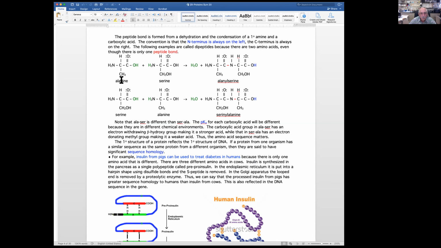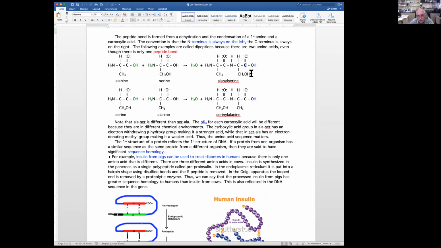So what we put together here, we would call alanylserine. It's like serine that's been modified with alanine. And here I switch these two around, and I would get serylalanine. So I want to point out that different names mean different molecules. Here, what do I have right next to the carbonyl carbon?